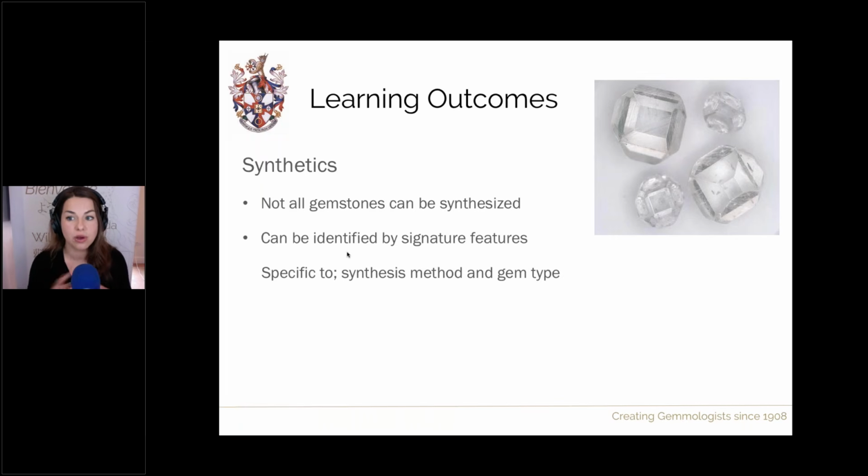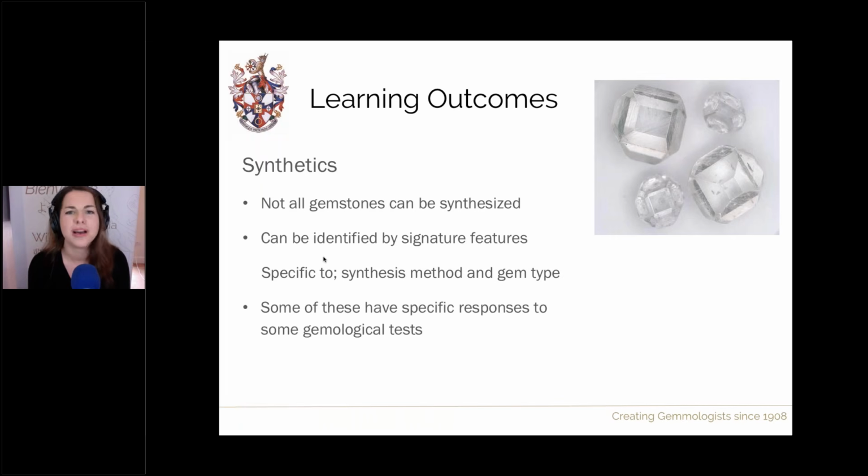If there is no evidence to say either way whether it is a natural or a synthetic, so there are no internal features we can see and no test results that can help us, that is when you will need advanced testing to help you identify the stone. You can't really conclude without concrete evidence. It's not wise. That's when expensive mistakes can happen.